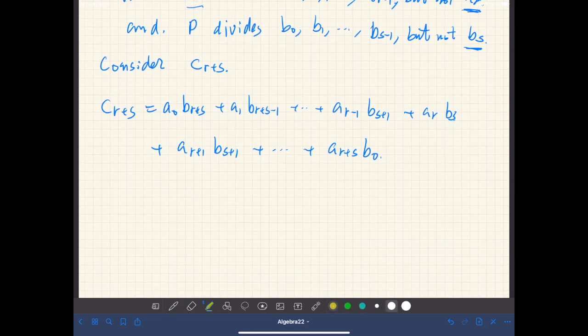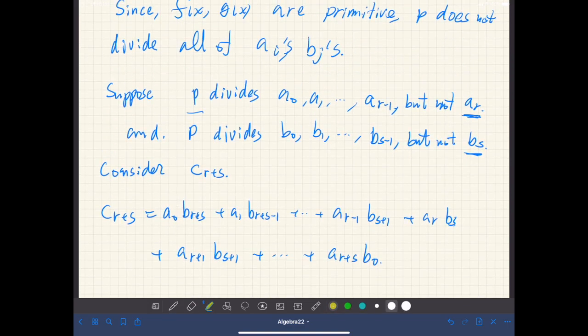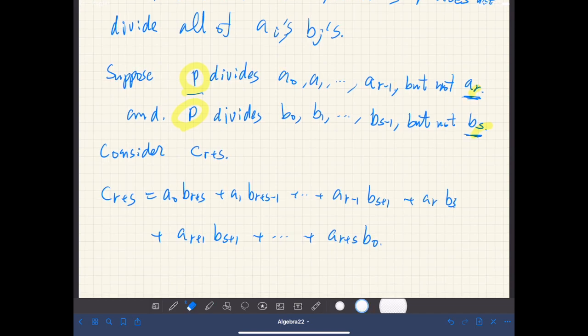Now by the way we chose p and r and s, p divides a0, a1, up to a_{r-1}, and so on. And also p divides b0 and b1 and up to, oh wait a minute, this should be b_{s-1}. So p divides b_{s-1}.